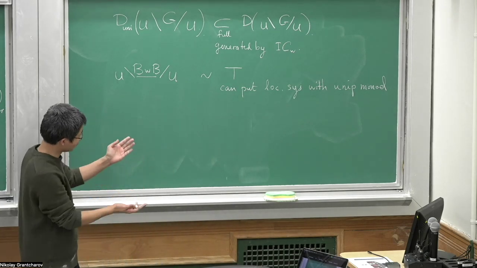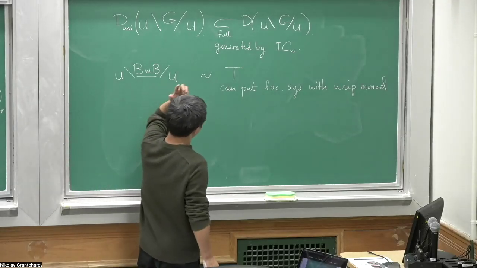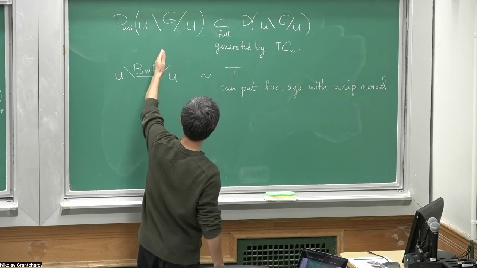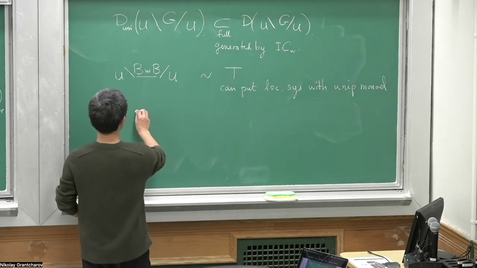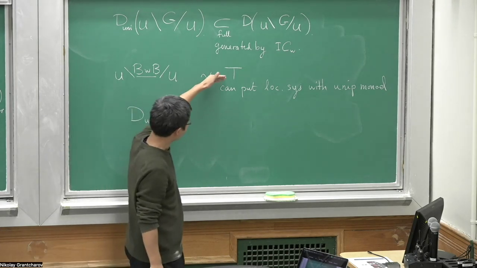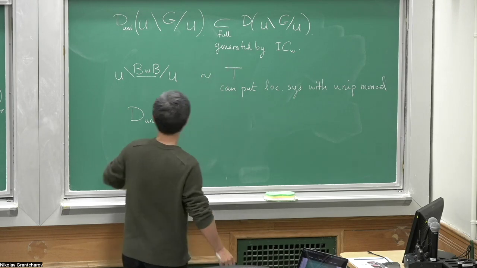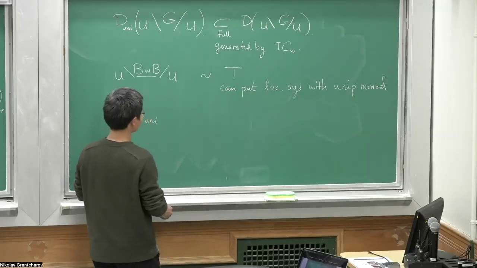So this is like a Jordan block of size as large as you like, and it's convenient to work with a version where you include the universal local system with unipotent monodromy.